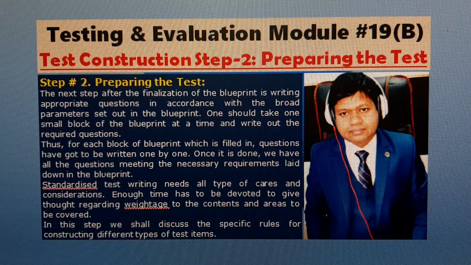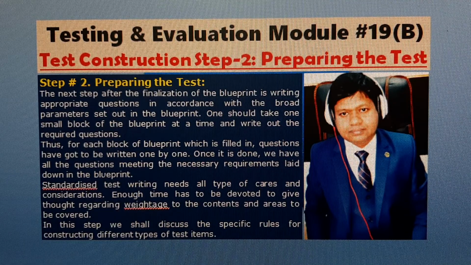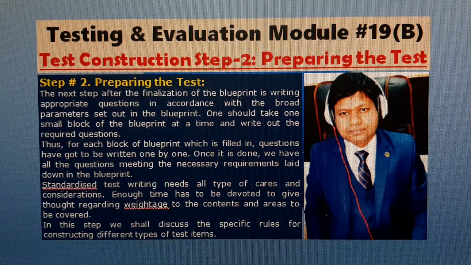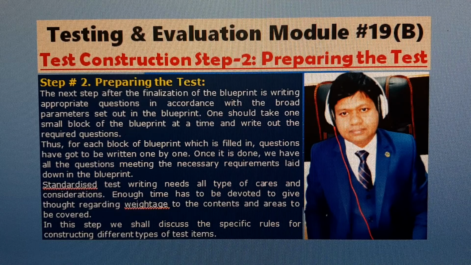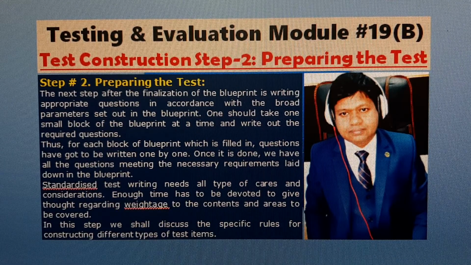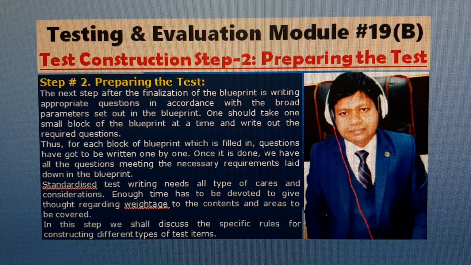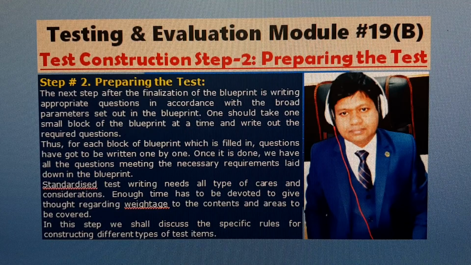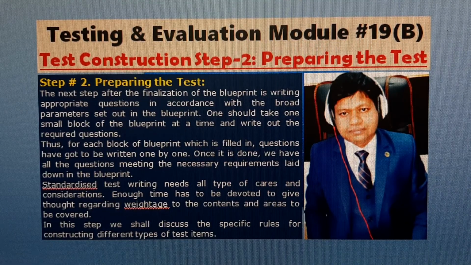One should take one small block of the blueprint at a time and write out the required questions. Thus, for each block of the blueprint which is filled in, questions have got to be written one by one. Once it's done, we have all the questions meeting the necessary requirements laid down in the blueprint.